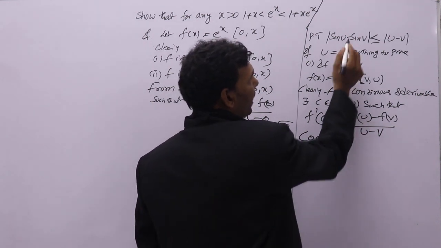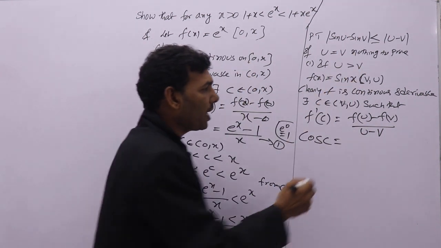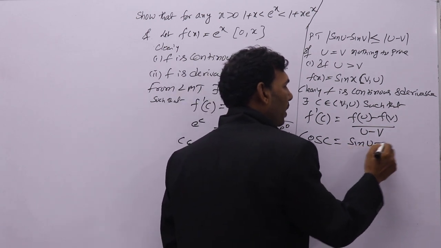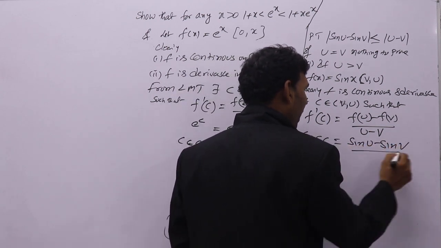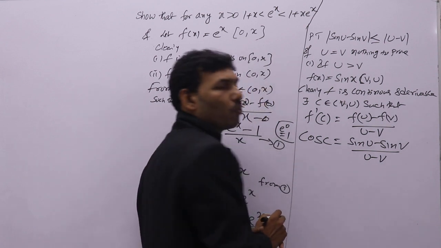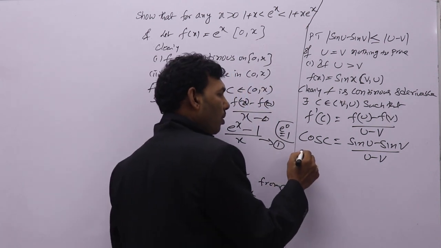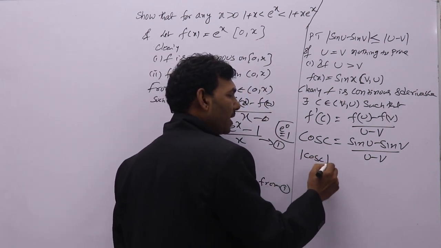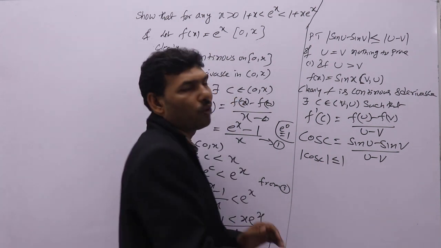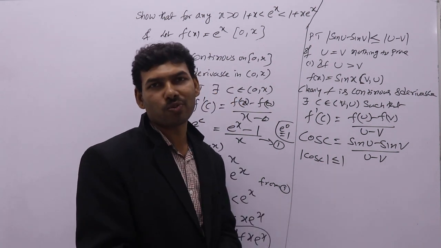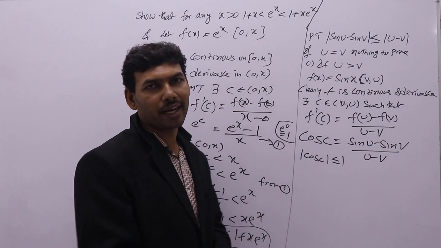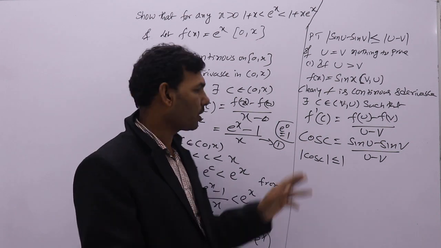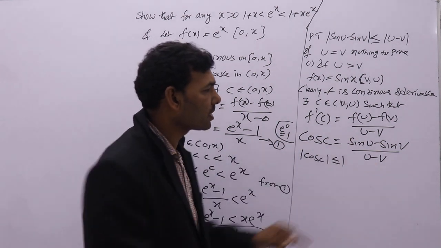And f of u, writing u in the place of x, gives sin u minus sin v by u minus v. We all know that the modulus of cos c is less than or equal to 1. We know cos lies between minus 1 and plus 1, so minus 1 is less than or equal to cos c, which is less than or equal to 1. That means this value is also less than or equal to 1.